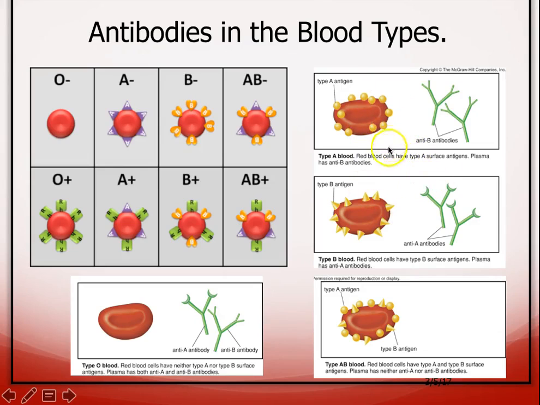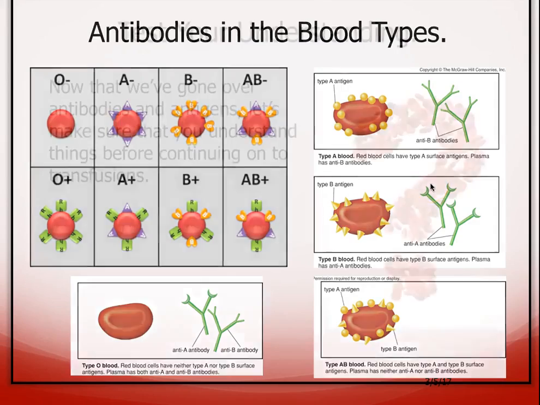And vice versa. And then similarly, the same thing would happen with the Rhs. You can't donate to someone that has the antibody toward your antigen, okay? Because basically it'll cause agglutination to occur.